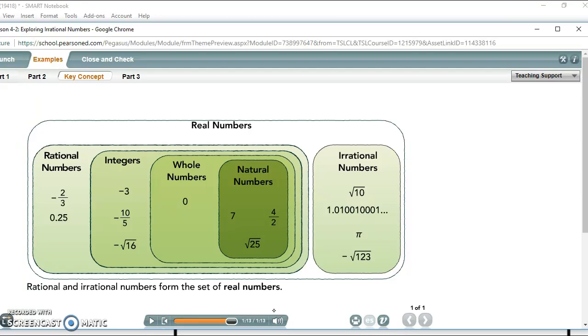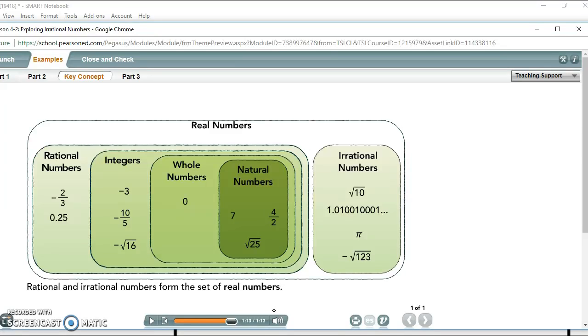My next category up, just a step bigger, is whole numbers. So whole numbers are all of my counting numbers plus 0. My next category is integers, which are all of my counting numbers and 0, and all of the opposites of my counting numbers.